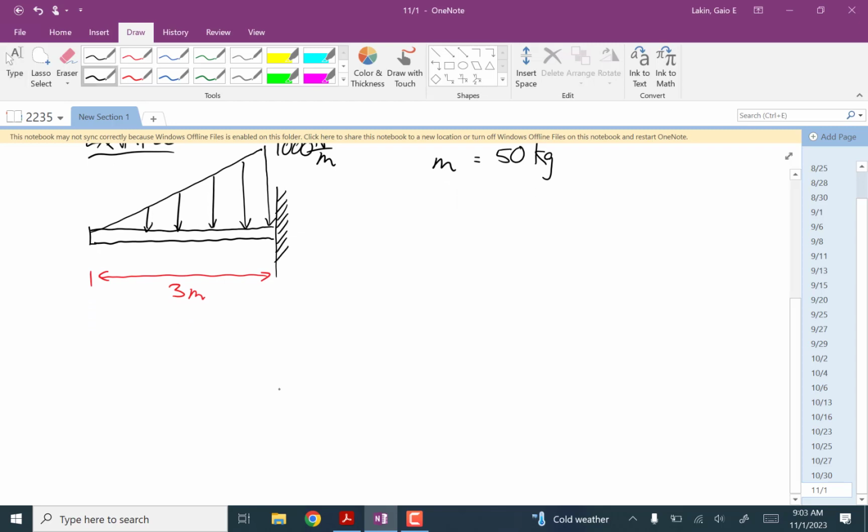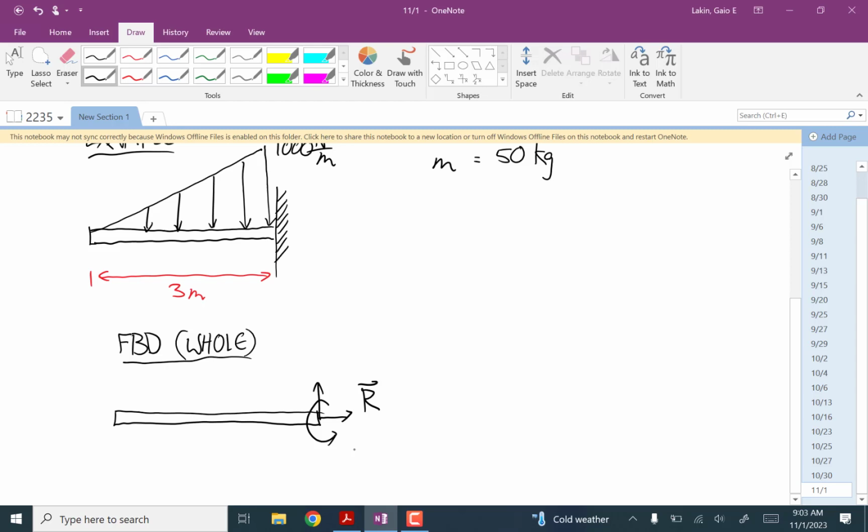And a free body diagram of the whole thing. Well, we had this, a couple at the wall. We have this distributed load.